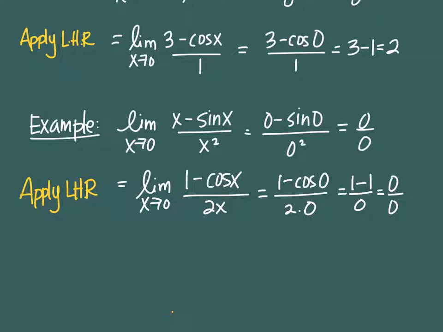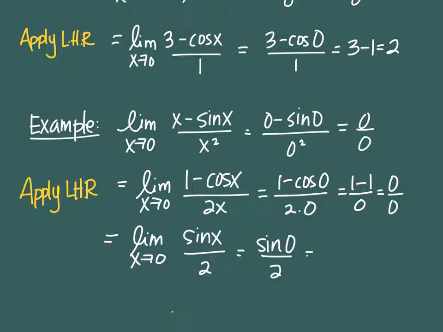So the first round of L'Hopital wasn't enough, and so you're going to have to apply L'Hopital a second time. So the limit approaching 0 this time, the derivative of negative cosine is positive sine over the value of 2. And now I can put 0 in, and I get 0 over a constant, which is 0, not indeterminate.